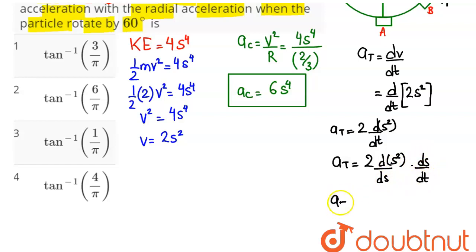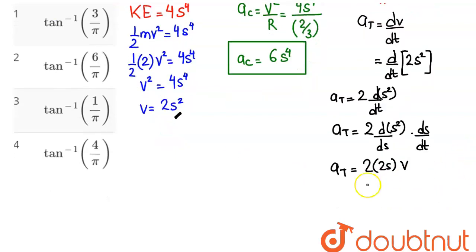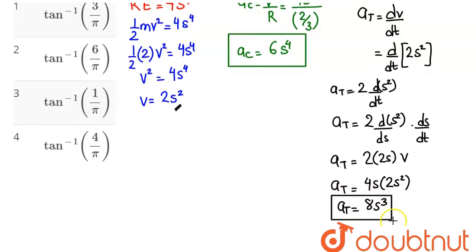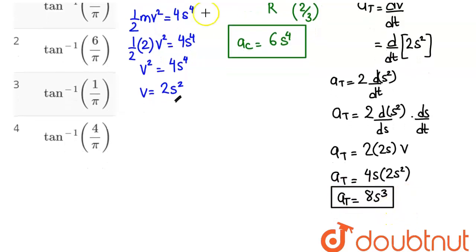Hence tangential acceleration is 2 into 2s into ds by dt, and ds by dt is v. Here we have v as 2s square. Substituting this, tangential acceleration comes as 4s into 2s square, so tangential acceleration is equal to 8 times s cube. Hence this is the tangential acceleration.